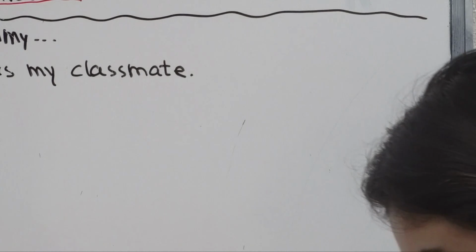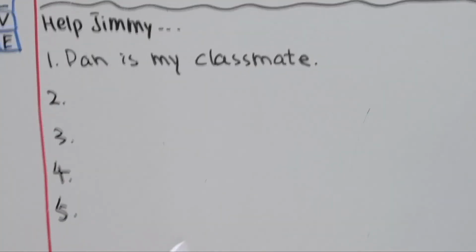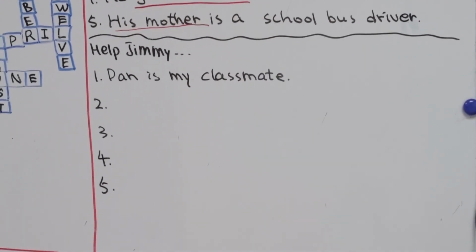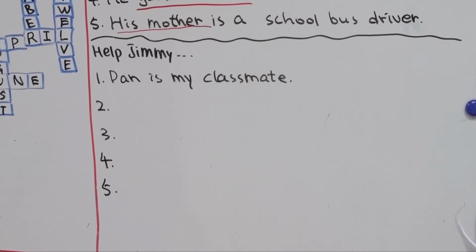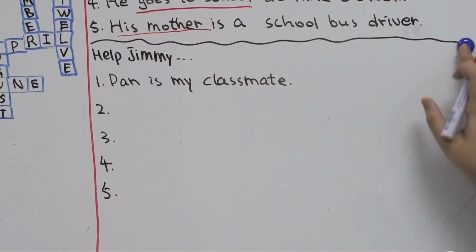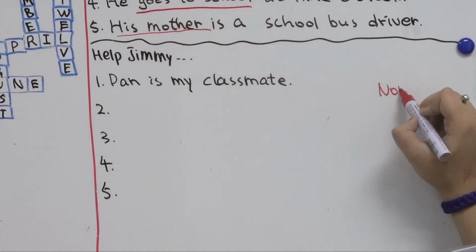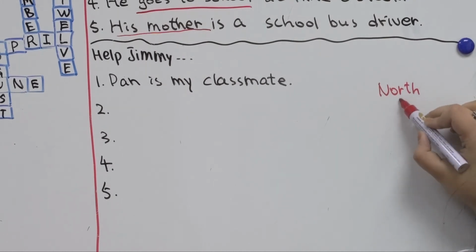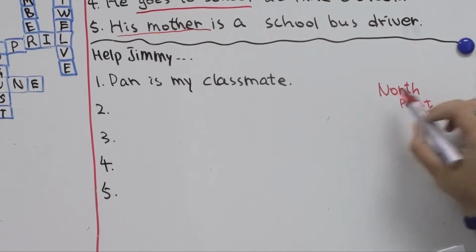So let's have a look. Number 1, Dan is my classmate. Alright. Number 2, what are you going to say? The board says North Point, right? North Point. It's a place in Hong Kong, right?